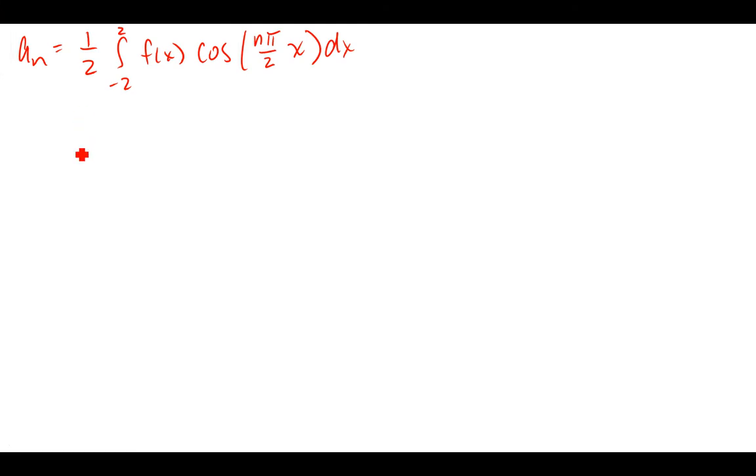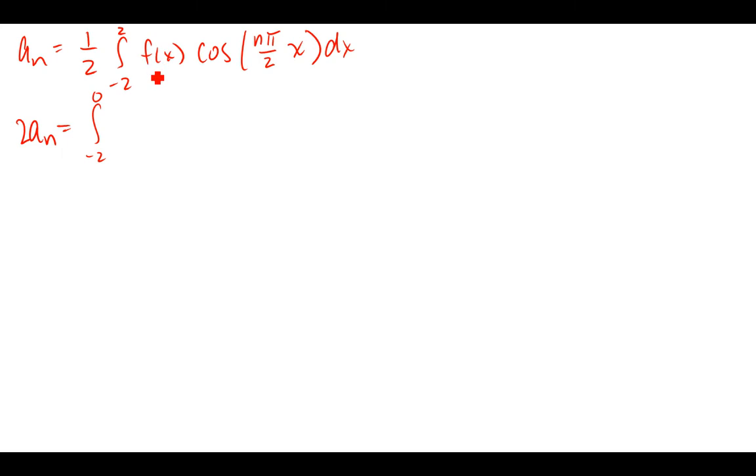So I'm going to say, all right, well, first of all, I'm already tired of doing the 1/2. So how about I multiply that to the other side, and we'll deal with that 1/2 at the end, right? Okay, so instead of going negative 2 to 2, I'm going to go negative 2 to 0, and then 0 to 2, just like we did in the last one.